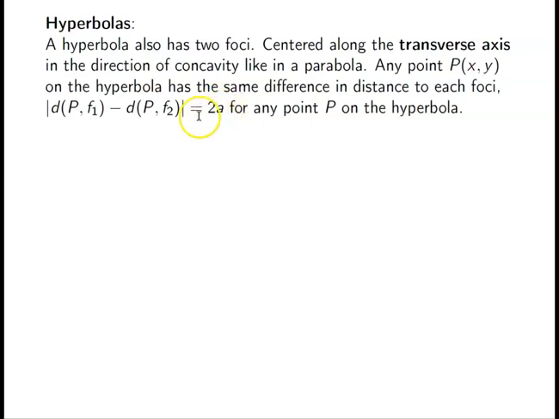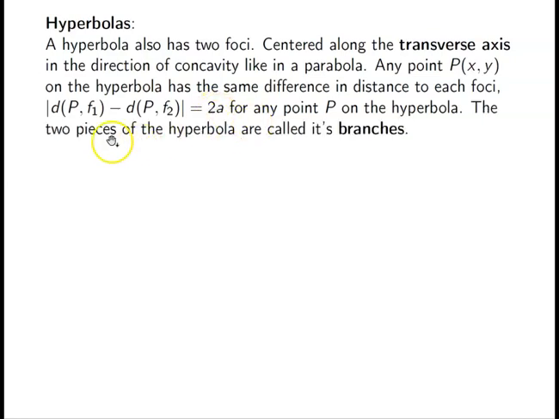In an ellipse, the sum of those was 2a. In a hyperbola, the difference between those two distances is always 2a. The two pieces of the hyperbola are called the branches.